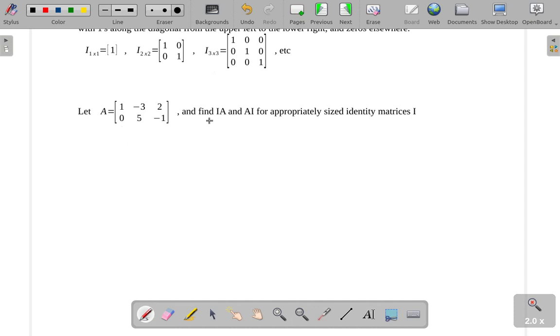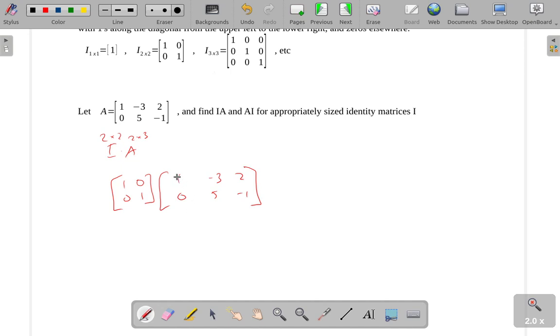In this case, if we wanted to find I times A, well, A is a 2 by 3 matrix, right? And if we're trying to do this multiplication, we need the inner dimensions to match, so that's going to have to be a 2, and this is a square matrix, so it's going to have to be the 2 by 2 identity. So that looks like this, 1, 0, 0, 1. So I would do this multiplication with 1, negative 3, 2, 0, 5, negative 1.